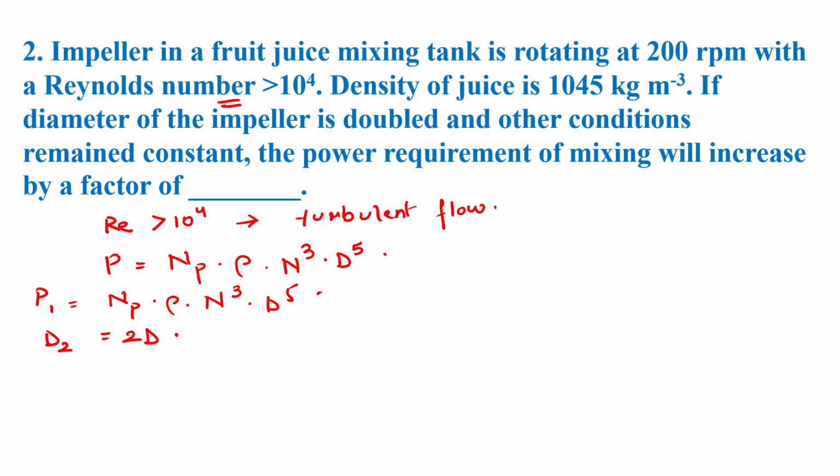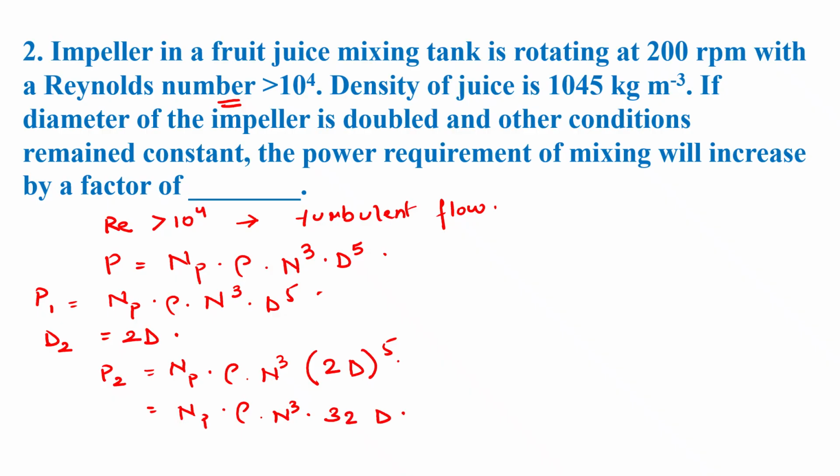So P2 will be equal to NP into rho into N cube into 2D to the power 5, which is equal to NP rho N cube 32 D to the power 5.